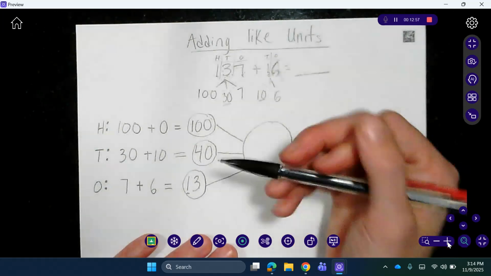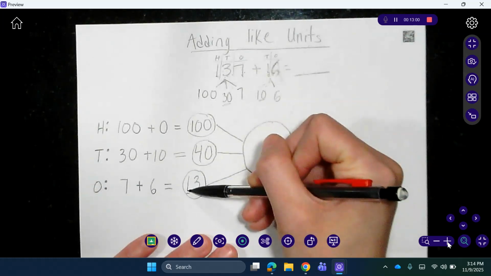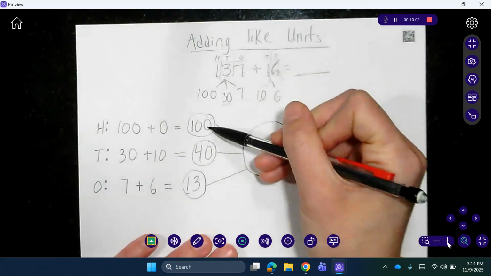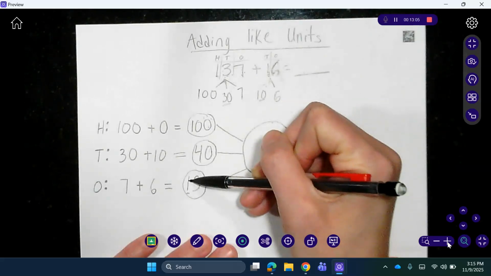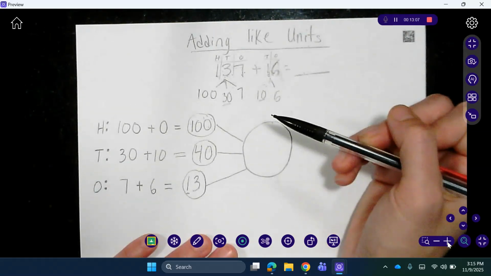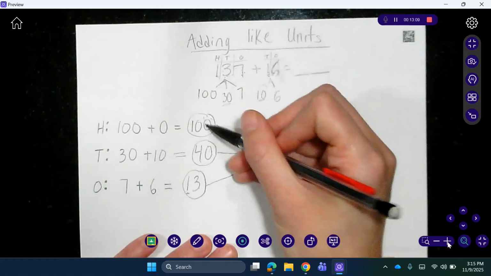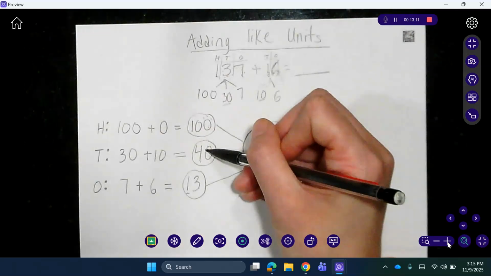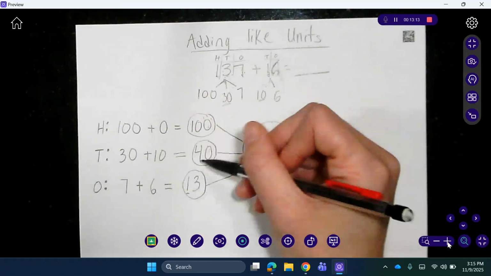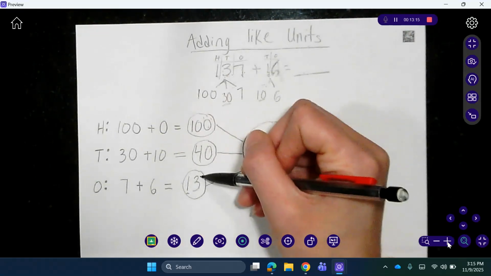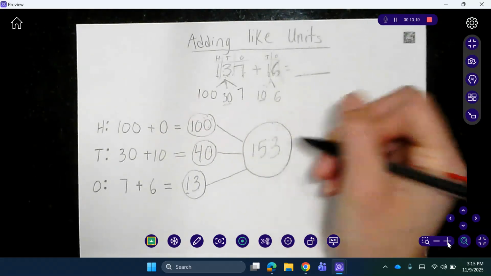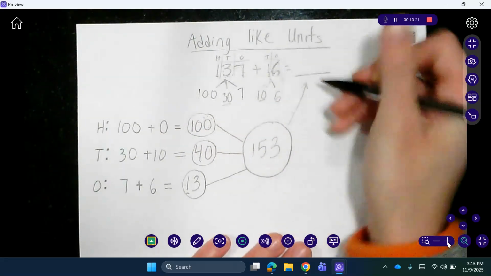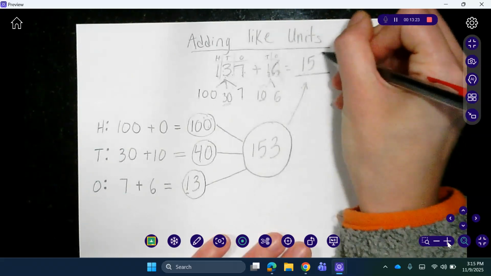So we can use our mental math strategy and add that 10 first and then go back and add the ones. What's 140 plus one more 10? Good job. 140 plus one more 10 is 150. And if we add those other 3, it's 153. So our answer today to our problem is 153.